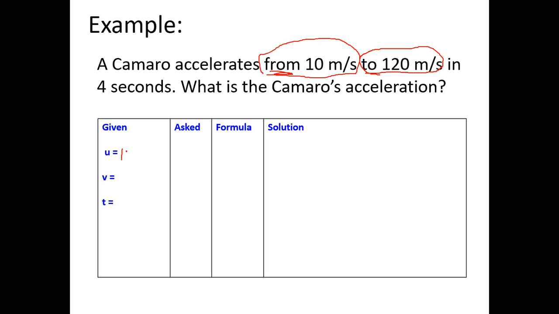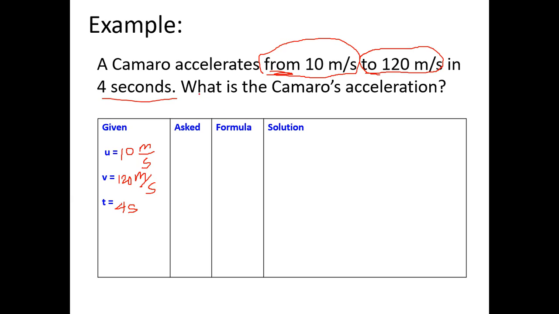So you go 10 meters per second. And this 120 should be your final speed. So you go 120 meters per second. And of course, there is your time. So you go 4 seconds.